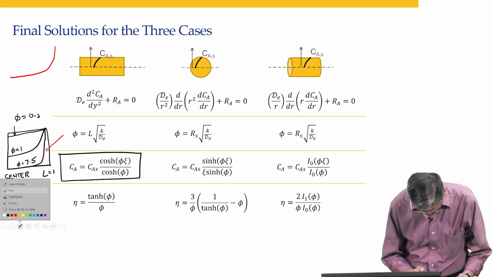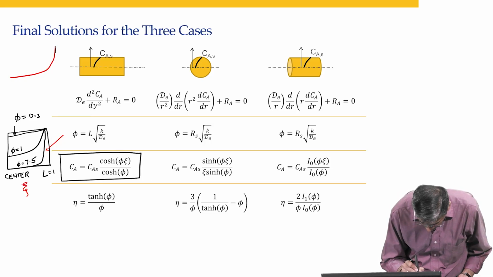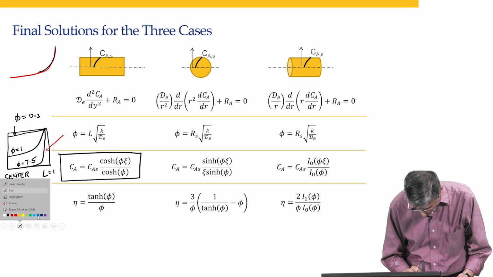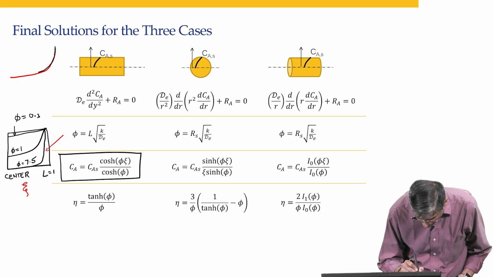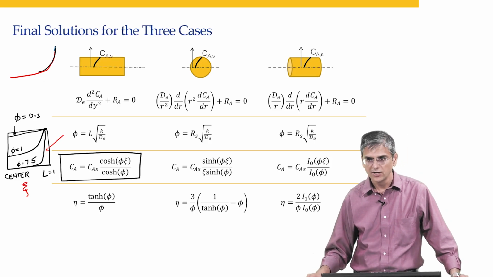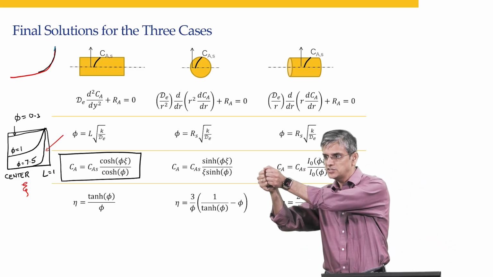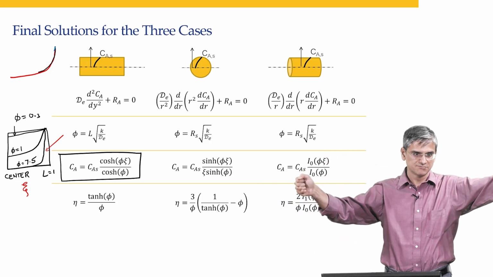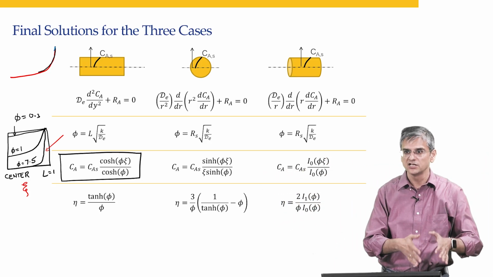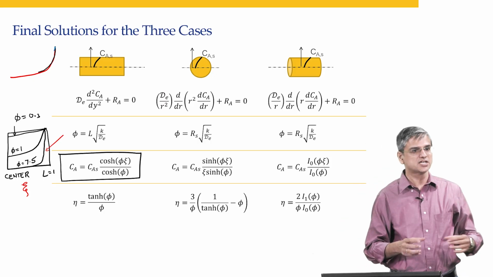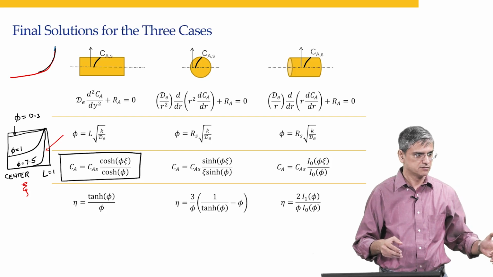L equal to 5 will look like this. L equal to 1 mm will look like this. All we have done is that first 1 mm, by non-dimensionalizing, we have just stretched it. So therefore you are seeing the plots like this. It's not that physically something different is happening.